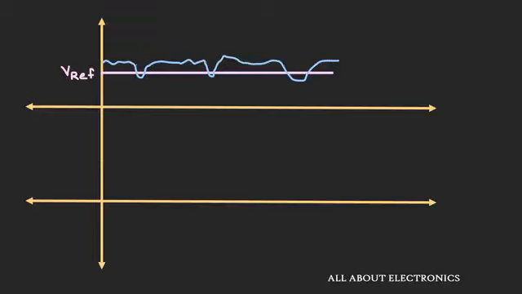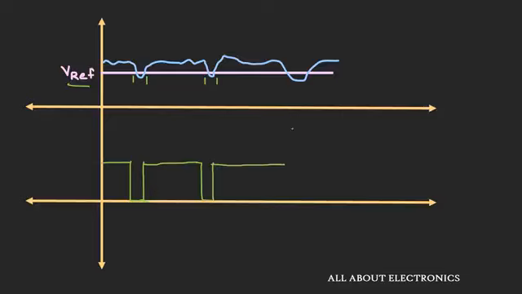If you observe over here, for this particular time duration, your input signal goes below this reference voltage. So for this particular time window, your output signal will look like this. That means your output will be equal to low voltage. Similarly, for this time window, your input signal again goes below this reference voltage, so again for this particular time period your output will be low.